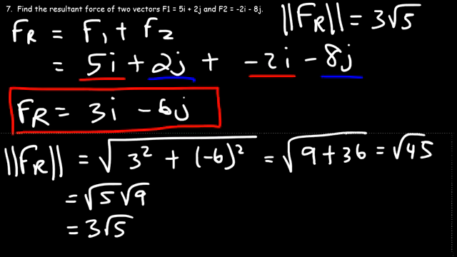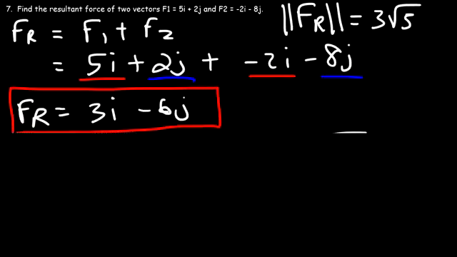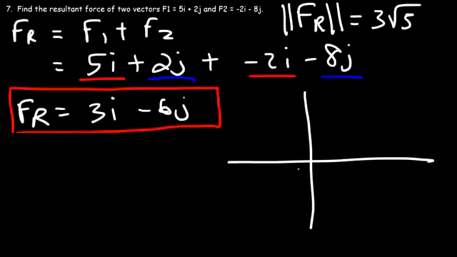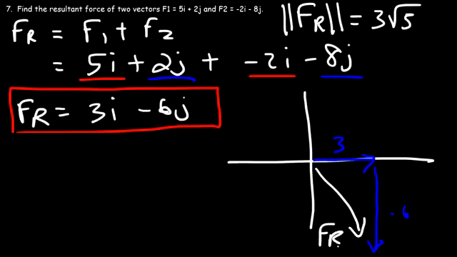Now let's go ahead and find the angle that it makes with the positive x-axis going in the counterclockwise direction. But let's graph it first. To graph this vector, we need to travel 3 units to the right and then down 6 units. As we can see, this force vector is indeed in quadrant 4. So let's find the reference angle first.